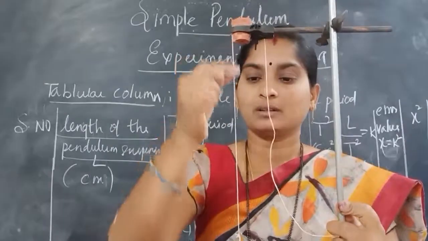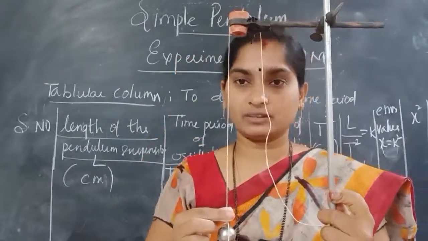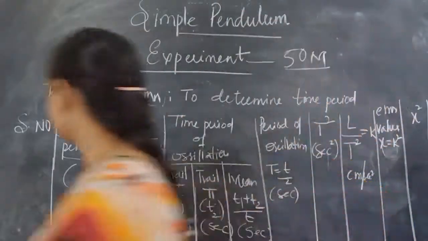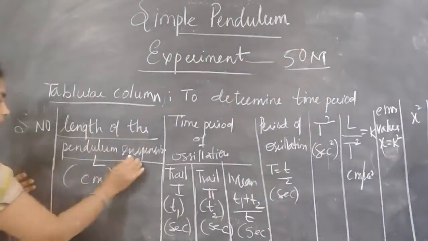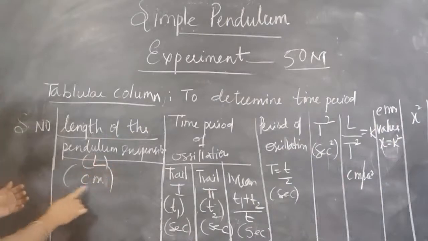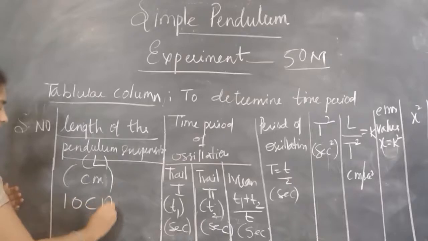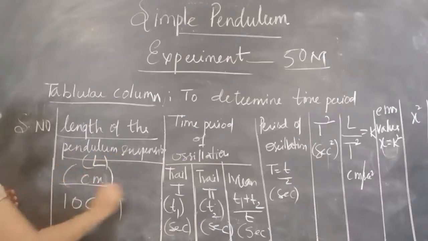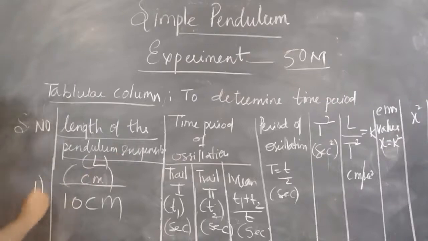Suppose it is 10 centimeters. Here I am considering the length of the simple pendulum L is equal to 10 centimeters. I am writing 10 centimeter here. The unit of length is centimeter, so this is the first value.